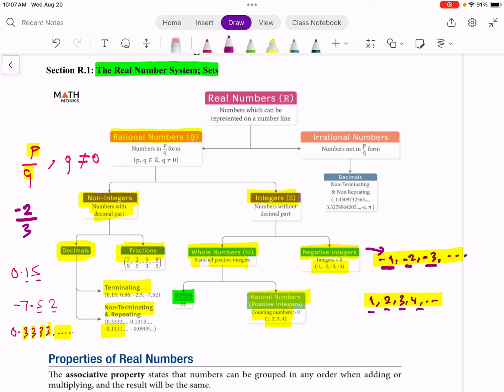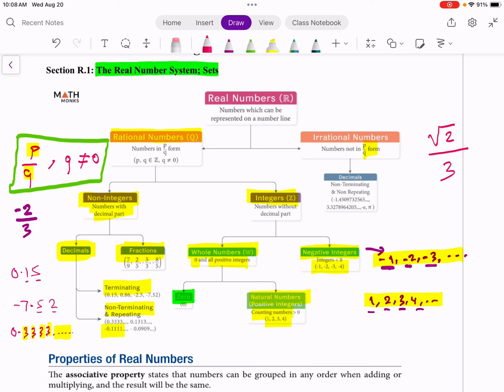So if we have a rational number, then we should always write our rational number in this form. Now, there are irrational numbers, the numbers which are not in p over q form. For example, let me take square root of 2 divided by 3. Now, why is this number not a rational?